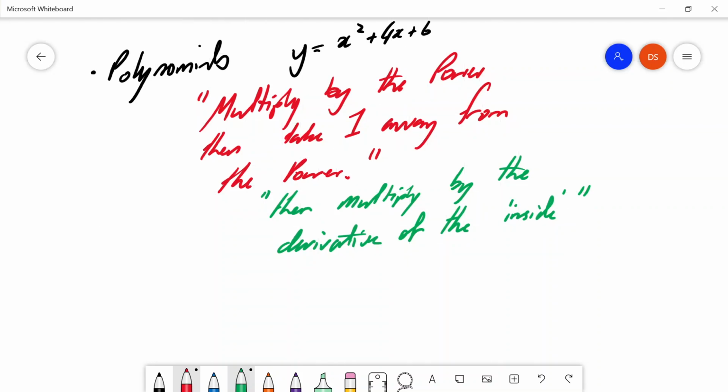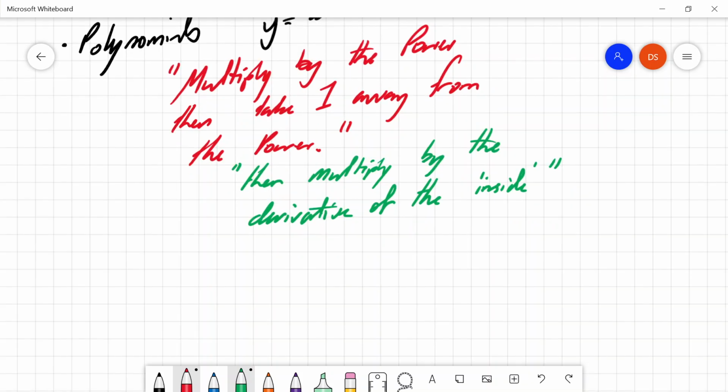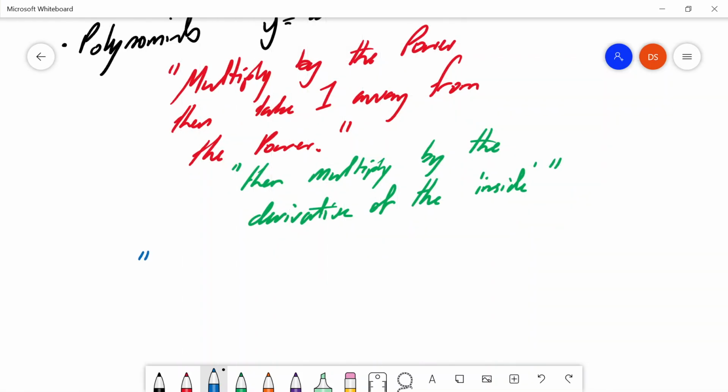What I want to do is see if we can come up with what the opposite of this is, because that's what we're going to use for integration. So what's the opposite of take away 1 from the power? It's add 1 to the power, and that's our first step.